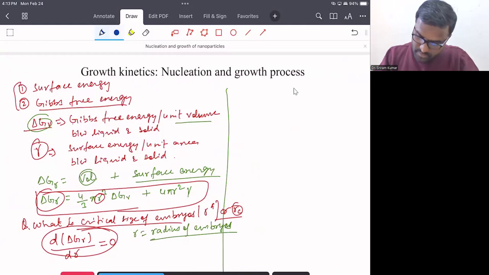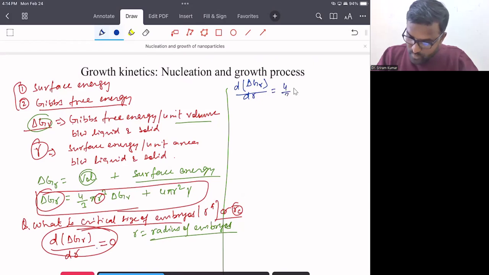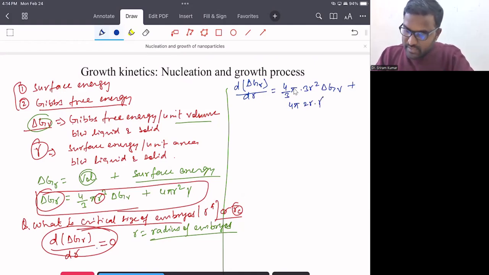So what happens here is, d(ΔG)/dr is equal to 4/3 π 3r² ΔGv plus 4π 2r γ, and that is equal to 0, right?